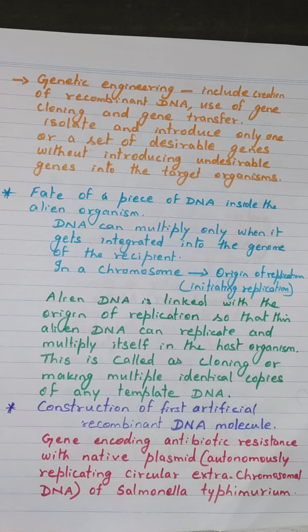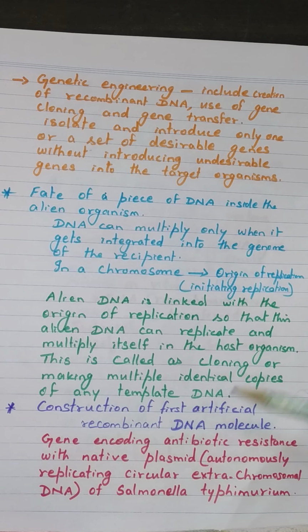It also gets multiplied along with the host organism. And then we cannot introduce this alien DNA into the host DNA directly. For that, we need a vector. We will study this shortly. Now, first, how did they construct the new recombinant DNA?